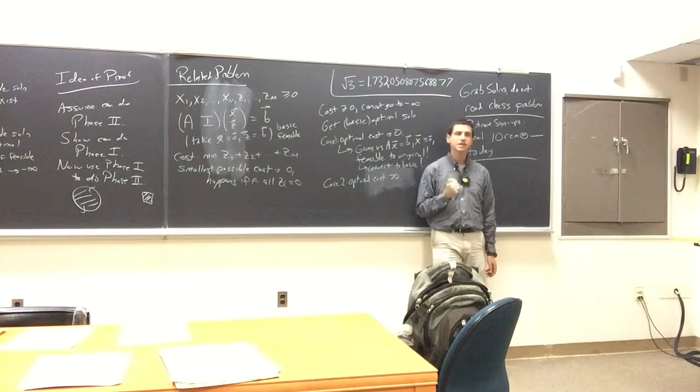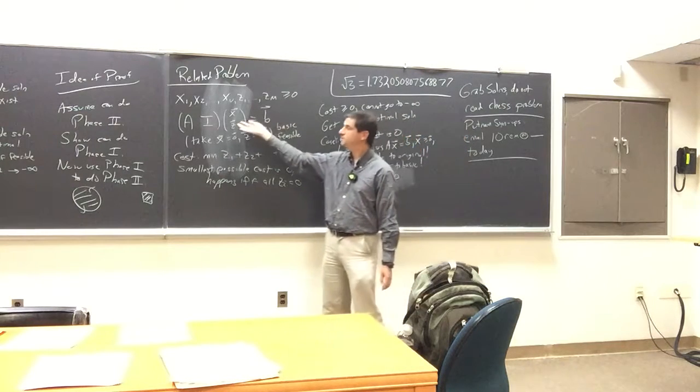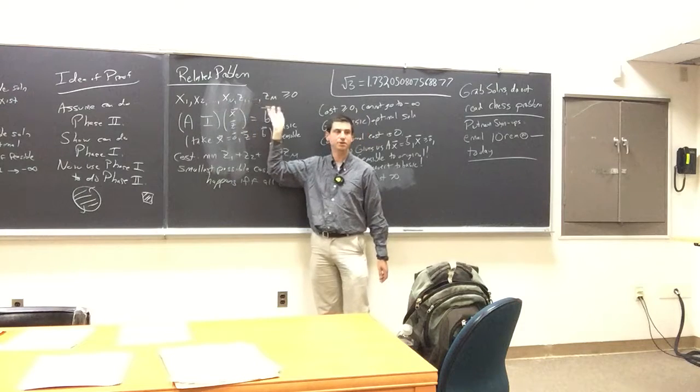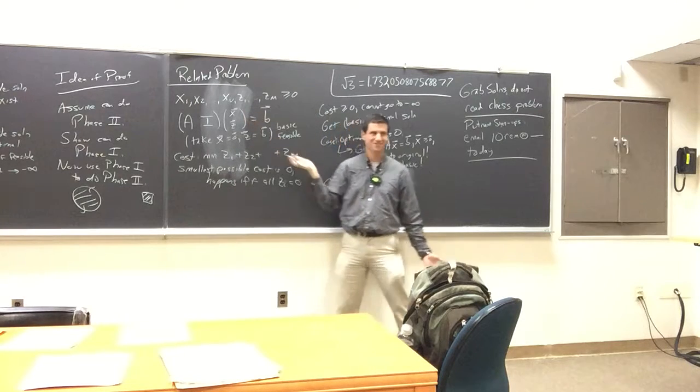I claim that this implies that there can't be a feasible solution. If there were a feasible solution, what could you take for z? So let's imagine there was a feasible solution to ax equals b. What could you take z to be? 0. And what would the cost be? 0.